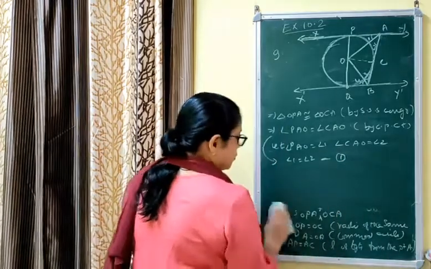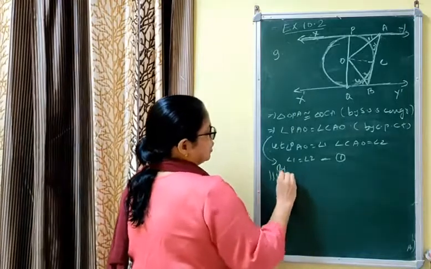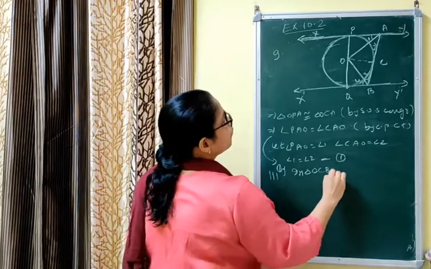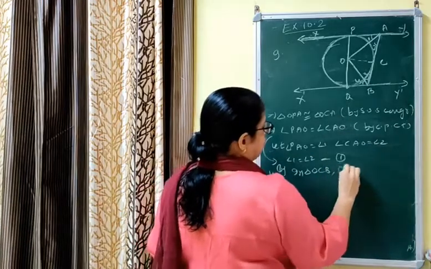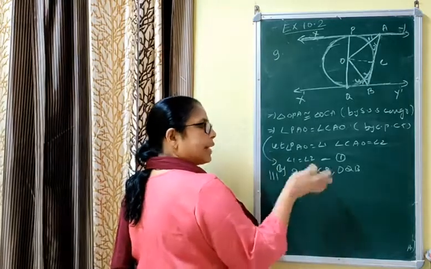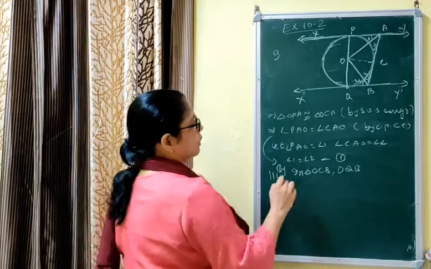Now, similarly, how can we prove this for these two triangles? Similarly, in triangles OCB and OQB, you can write it directly, but if this question comes for 4 marks you have to write it completely.